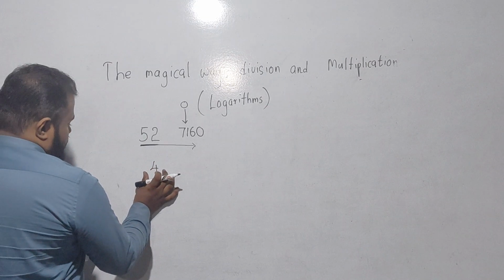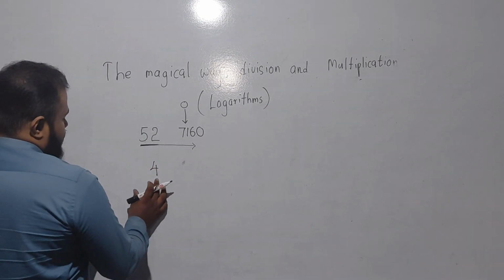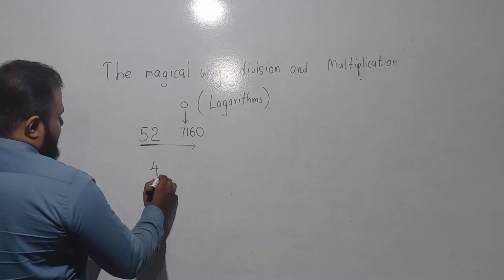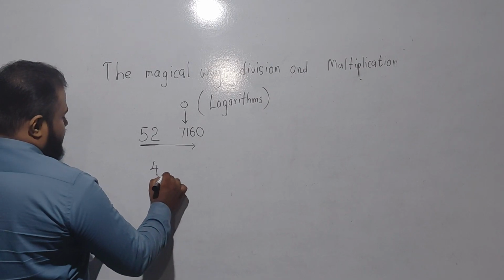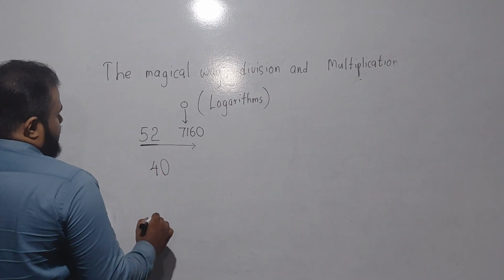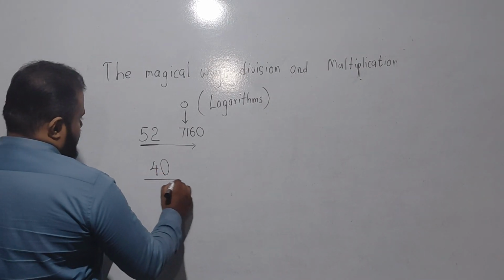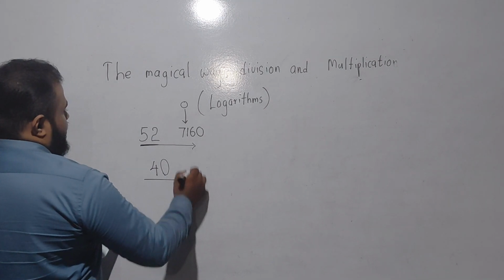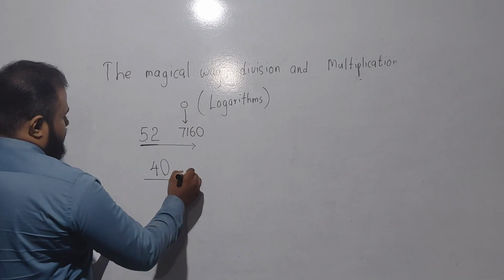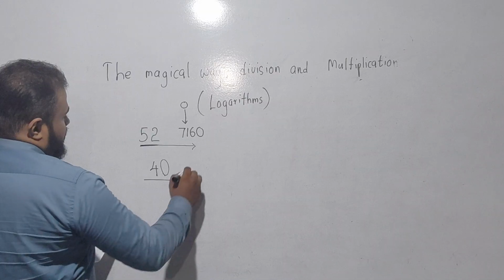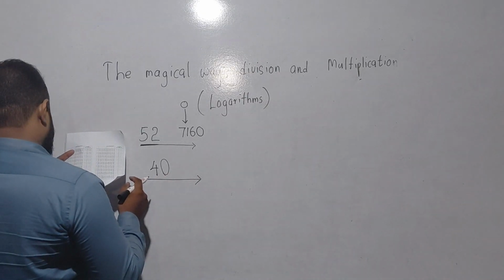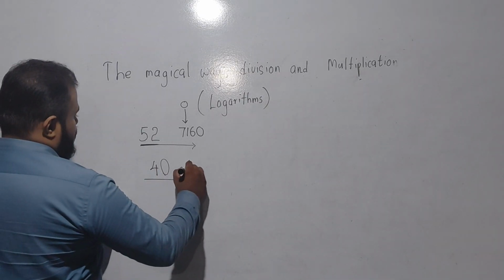And to find the log value of 4, there is no log value like 4, there is only 40. So we have to go horizontally from 40 and come vertically from 0. 40, 0 will give you 6021.